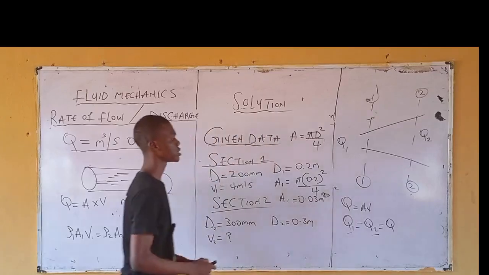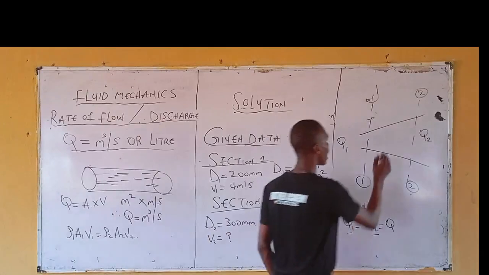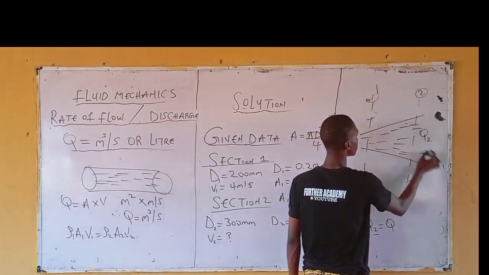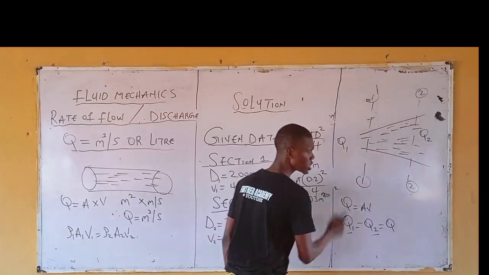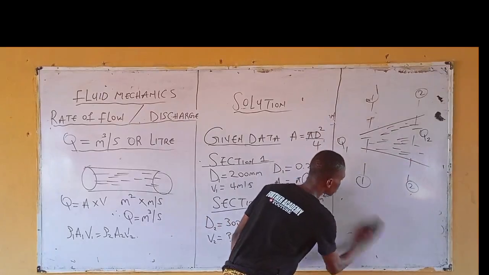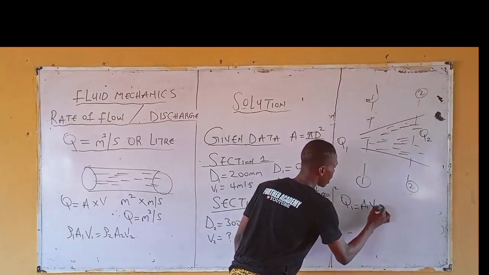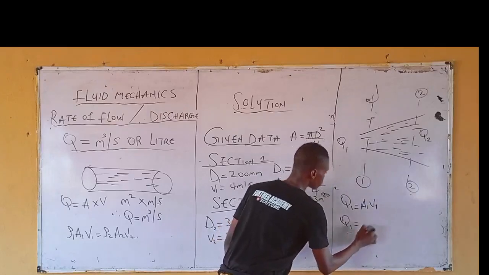Meaning, to get the quantity of flow through this pipe using Q1, that becomes what? Q1 is equal to A1 multiplied by what? V1. Substitute: Q1 is equal to, what's the area?